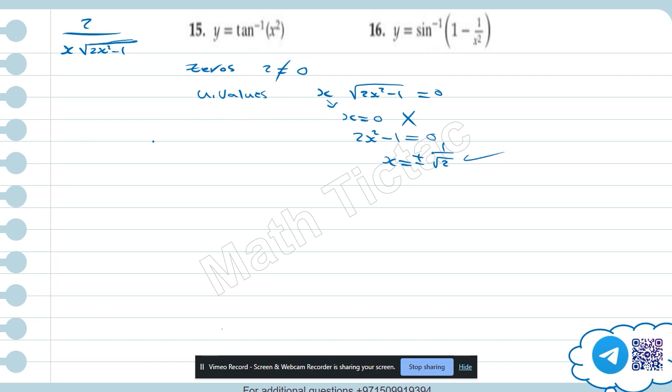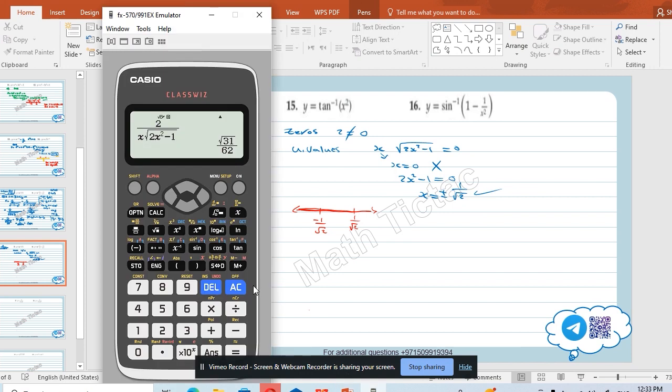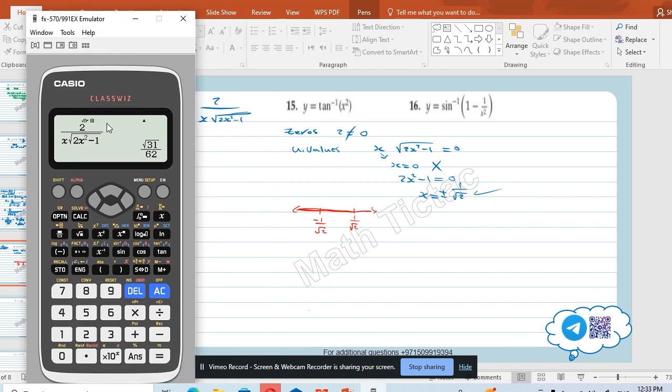So I will take 2 over x square root of 2x squared minus 1, calculate. Now 1 over square root of 2 is 0.7, so I will take 4 as a value greater than 1 over square root of 2. So this is going to be positive, and for a value less than minus 1 over square root of 2, I will take, let's say, minus 4. This is negative.